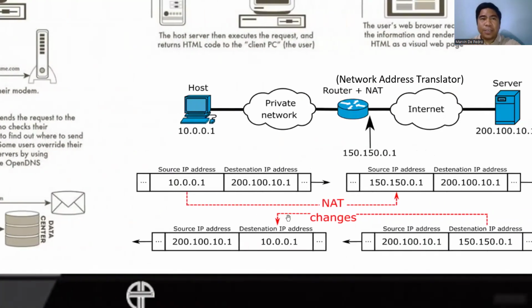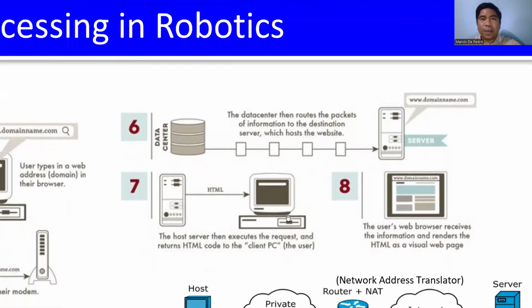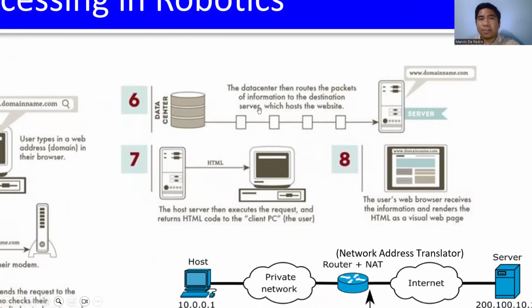After that, number six, the data center then routes the packets of information to the destination server, which hosts the device, like this one. If this is the platform that we communicate to, or we send data to, then the server for this platform will receive that and then perform the corresponding action, like displaying it in our user interface or vice versa.